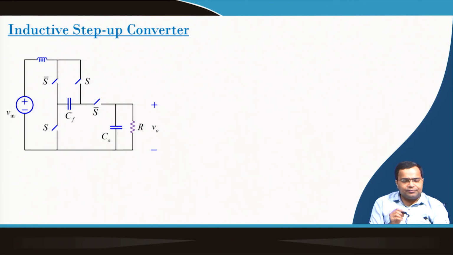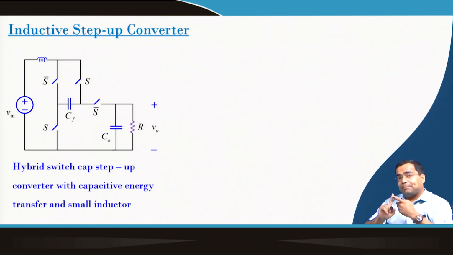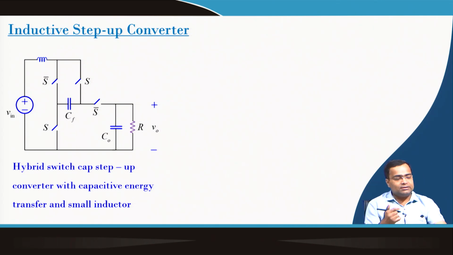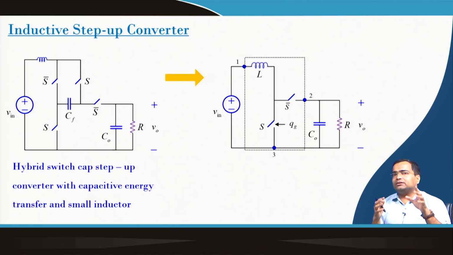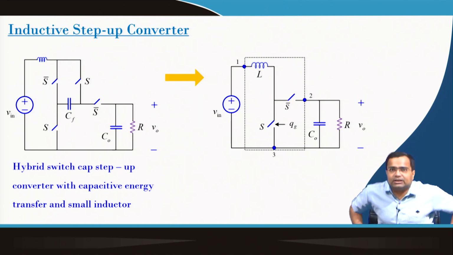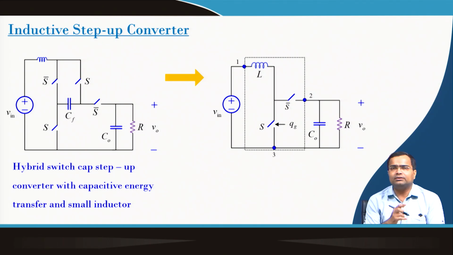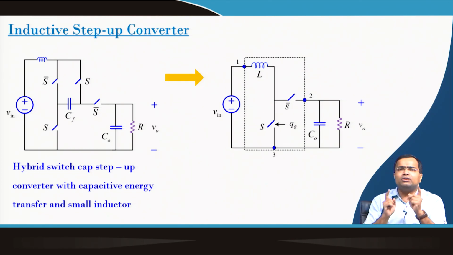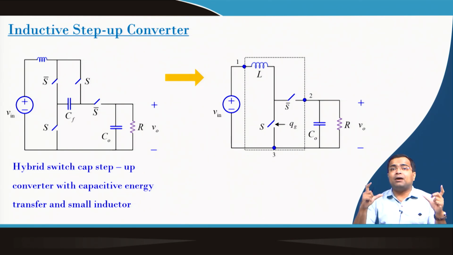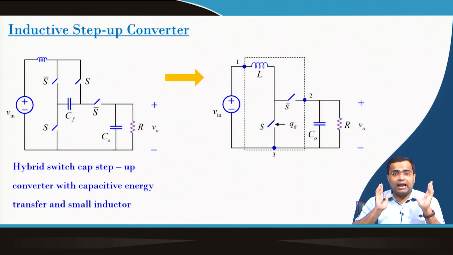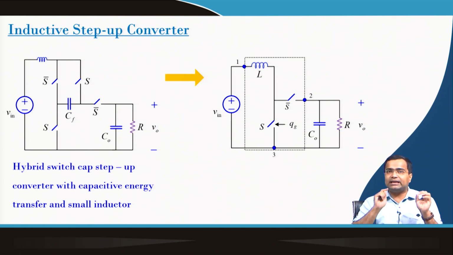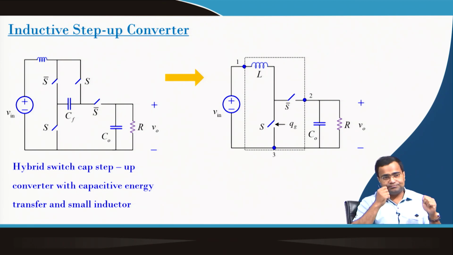But now if we replace the flying capacitor with a pure inductor as the energy transfer element, it becomes a regular boost converter. This is known as the DC-DC boost converter, where the inductor is responsible for energy transfer from the input side to the output side, because we want to achieve step up voltage, that means the output voltage is higher than the input voltage, and we need to operate switch S and S bar in such a way that we meet the desired step up performance.